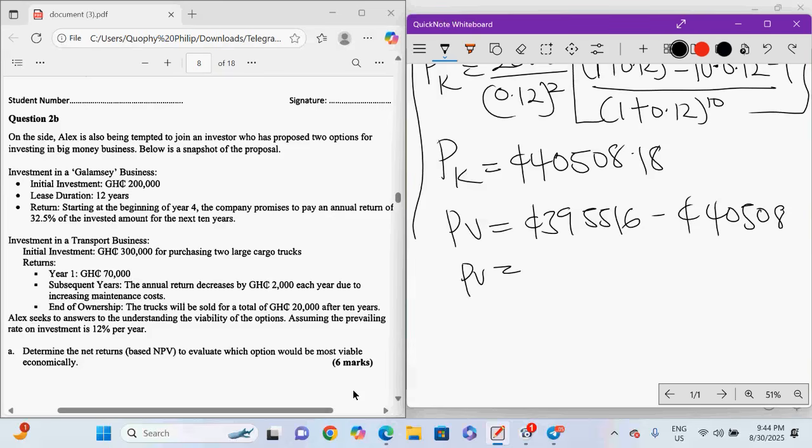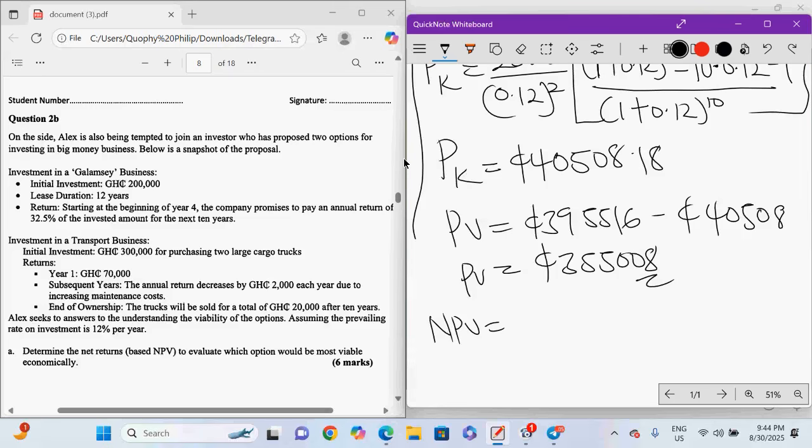So what is our present value? $355,008. So this is our present value.